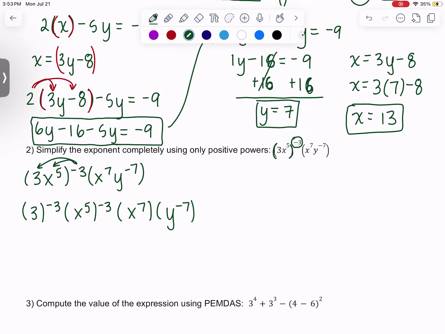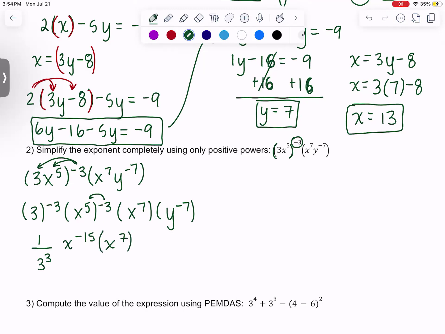We know that negative exponents must be written as positive fractions, so 1/3 to the +3. Outer exponents need to be multiplied or distributed inside. So that's x to the -15. Then we have x to the 7th.